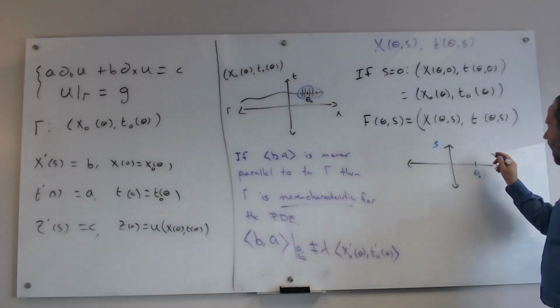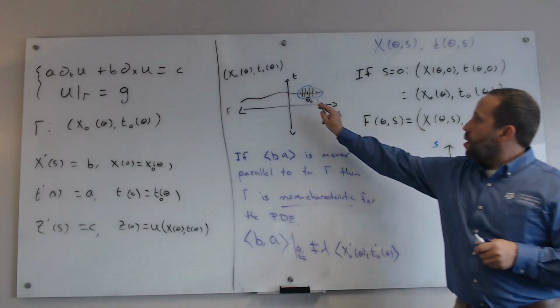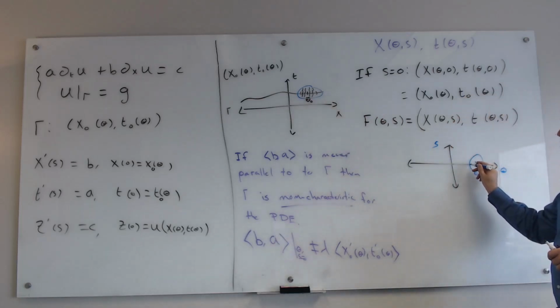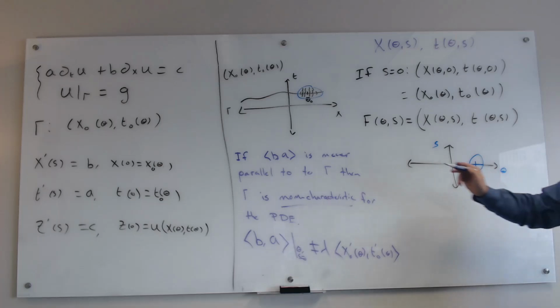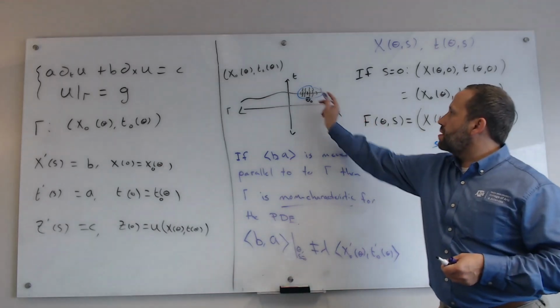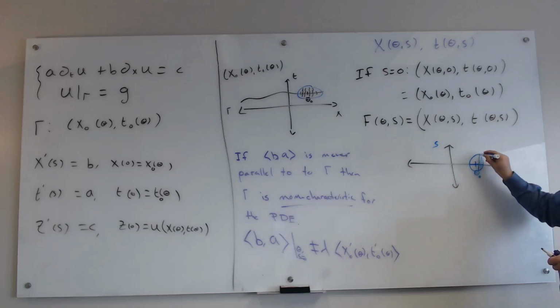If I look at a neighborhood around theta naught here, theta going from that point to that point corresponds to this blue line segment right there. And then s increasing from some negative number to some positive number corresponds to s just going up like this.